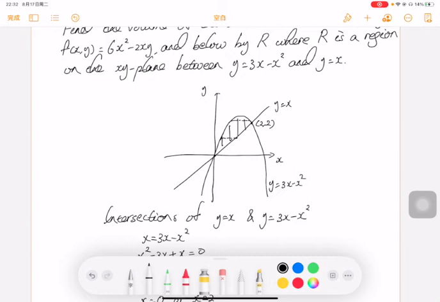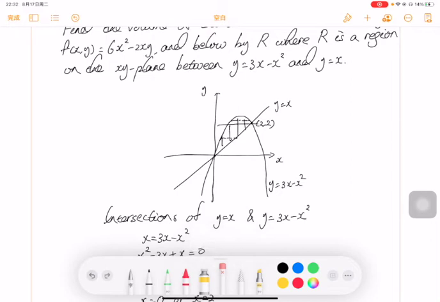We need to compute the volume over the bottom region first, and then compute the volume over the upper region, and then we add these two numbers up to obtain the volume of the whole solid. And that's a lot of trouble, and it can be saved by integrating in the other direction.